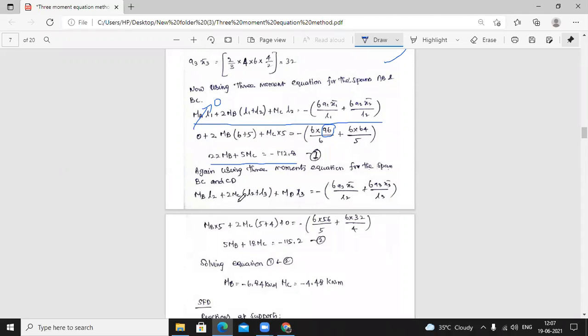Instead of B, here C will come. Instead of C, here D will come, because we are focusing on the BC and CD spans. So you have to rewrite the equation according to that span only.